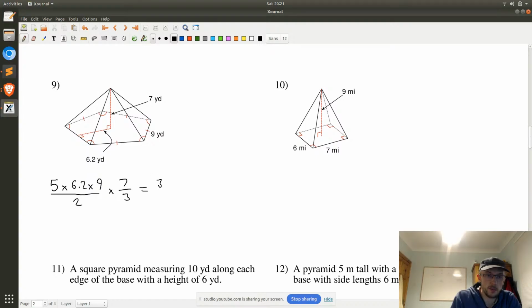So 3.1 times 105. And what do you make that out to be? 3255 cubic yards, I believe. Next up, 6 times 7 times 9, but all of that has to be divided by 3. So 6 times 7 times 3, so 42 times 3, which is 126.